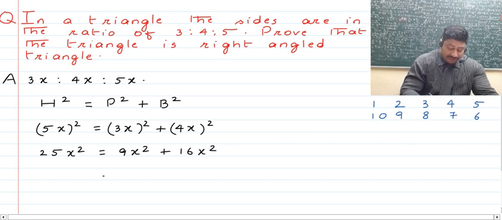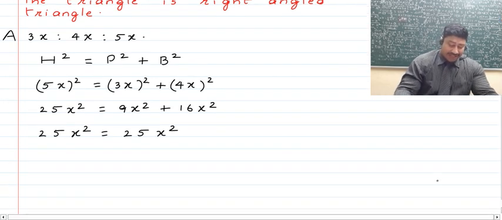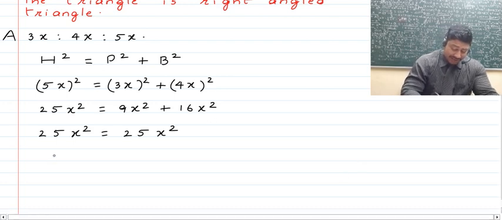Now further, if we add the like terms of the right hand side, we will get to 25x square, which is exactly the same as the left hand side, which is 25x square. And therefore this shows that this triangle whose sides are in the ratio of 3:4:5 is indeed a right angle triangle. So you will say that the triangle is right angled, right?